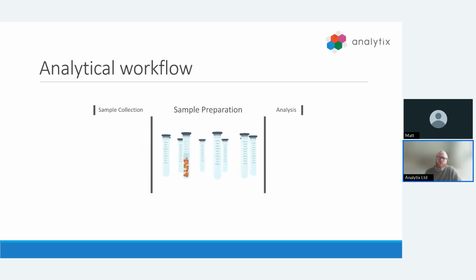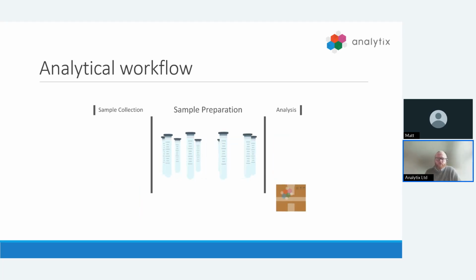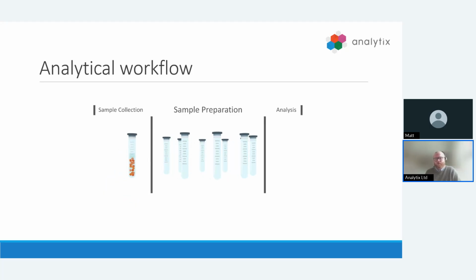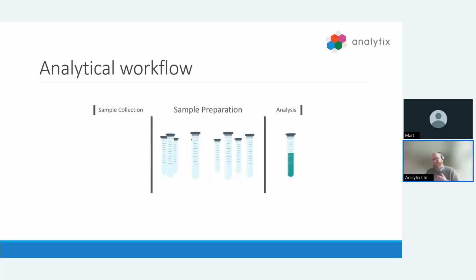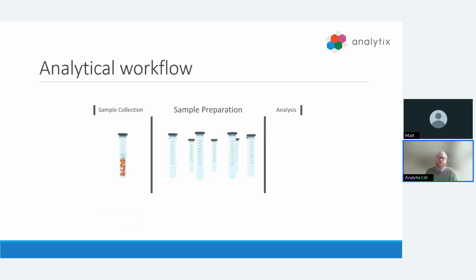Over the years, sample preparation has evolved from relatively rudimentary open vessel digestions all the way to advanced modern closed vessel digestions. And how you carry out your digestion is a really critical step to ensuring the highest quality data. If you have a poor sample prep approach, you're going to have poor data.